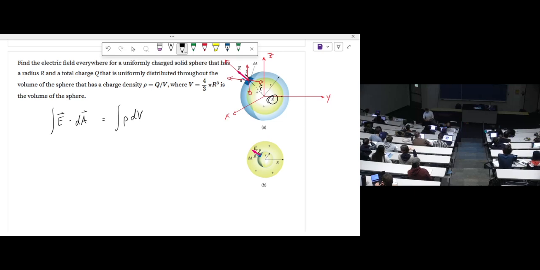In this case, let's call the radius of the blue sphere magnitude R. We would be integrating our electric field over this region rather than this one alone. Okay?